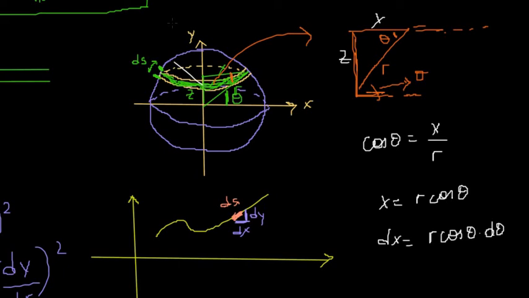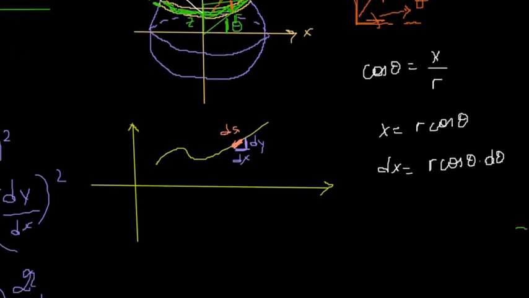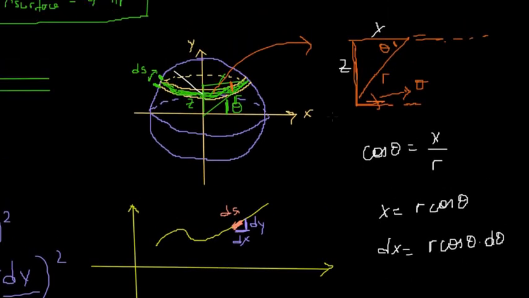But the idea is that we can describe x as r cosine of theta, get dx, or we can also say that the z is equal to, okay, let's call this z as y, right?